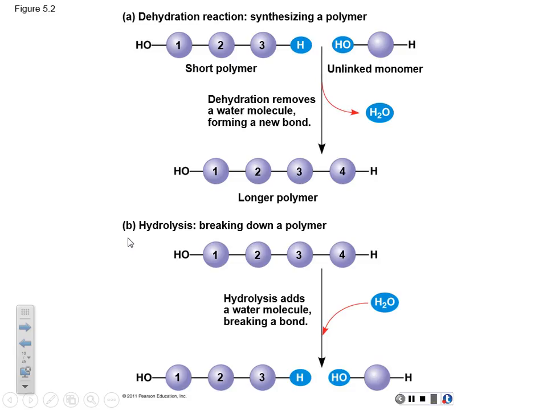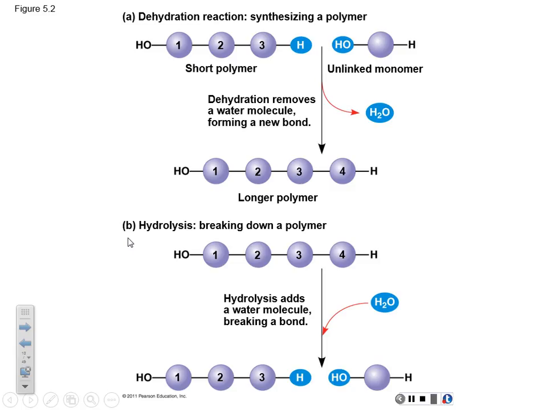The new monomers get added on to one end. That picture isn't by accident, right? It gets added on to the end of the polymer, where a monomer is presenting a free hydrogen. And the incoming monomer has that hydroxyl group that's going to be interacting with that free hydrogen.